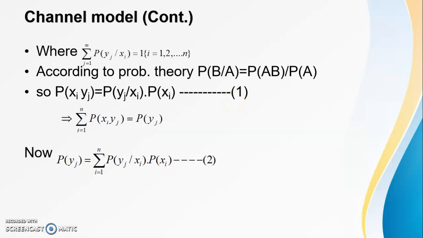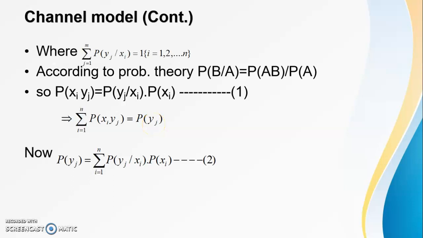Now if we add all the joint probabilities for a fixed yj, then we will get the value of P(yj). So the summation of i equals 1 to n of P(xi, yj) equals P(yj).